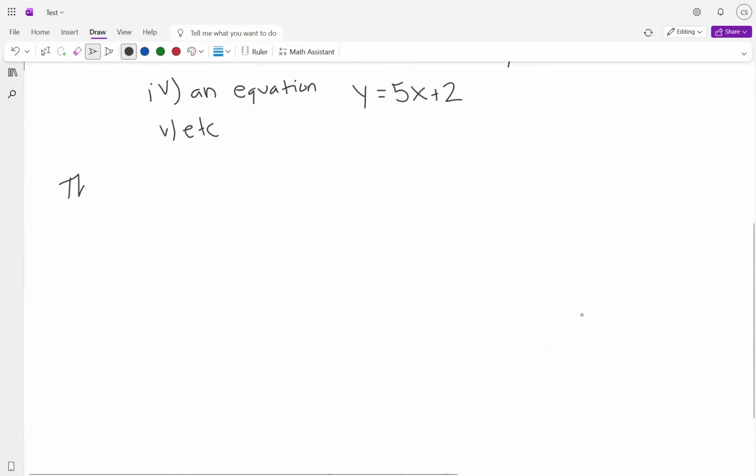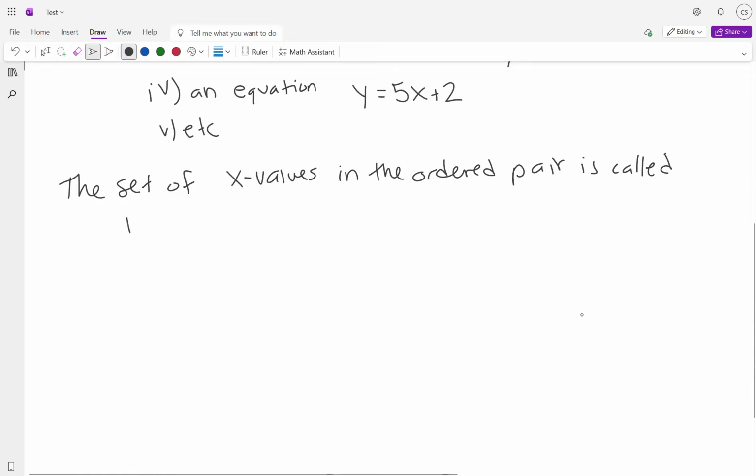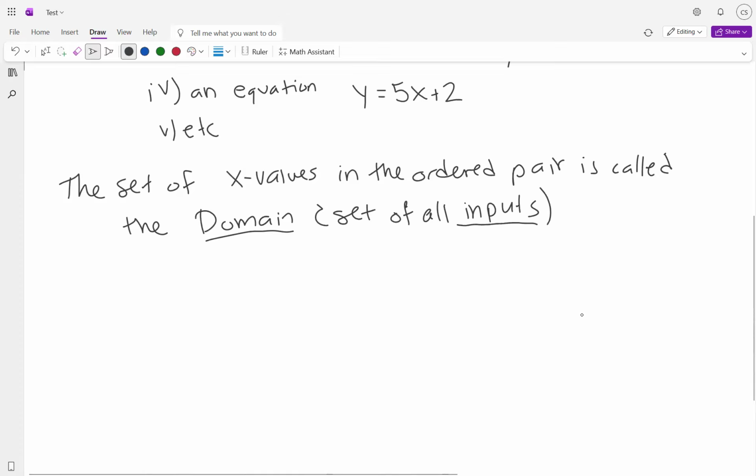So the set of x values in the ordered pair is called the domain, which is the set of all inputs. All right.